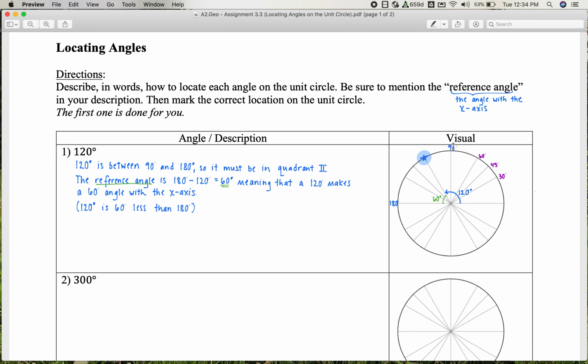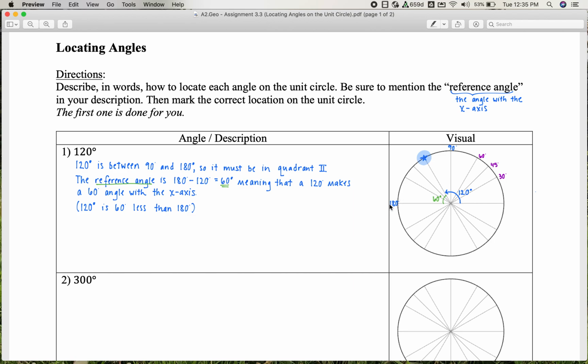So I could get to 120 by saying it's 90 plus 30, and that would put me right where this star is. But what I'd like you to start trying to do is think about how far am I away from the closest x-axis. So if I think about how this is 180 and I compare 180 and 120, I can see that those are 60 degrees apart, meaning that 120 is 60 degrees away from that 180 on the x-axis.